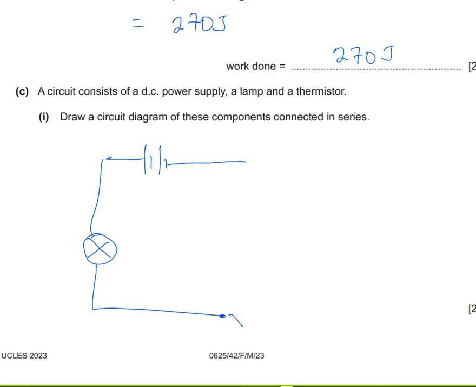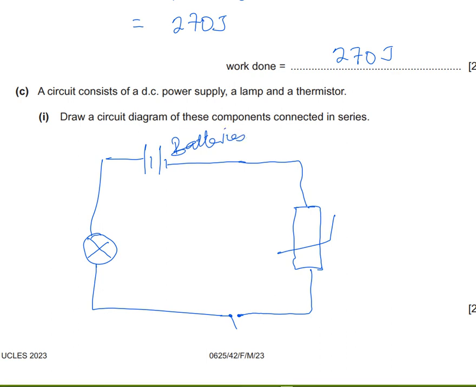However, since it is not asked of us, so we have the thermistor here. And then can have a switch here. So that is a circuit diagram. So we have batteries. When there are more than one, you can call them batteries or battery.